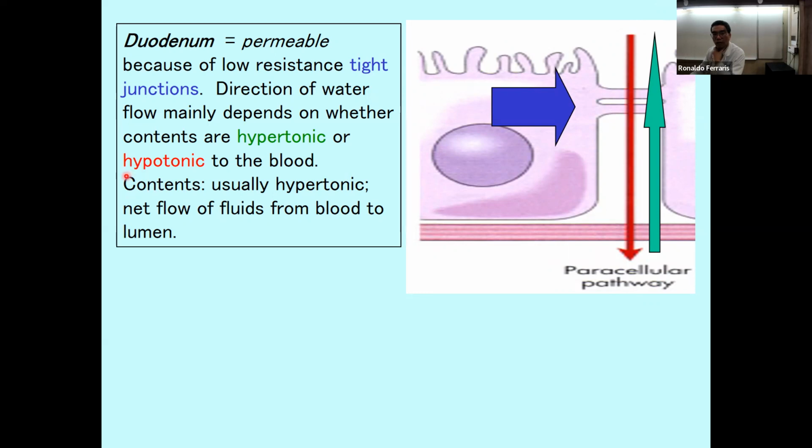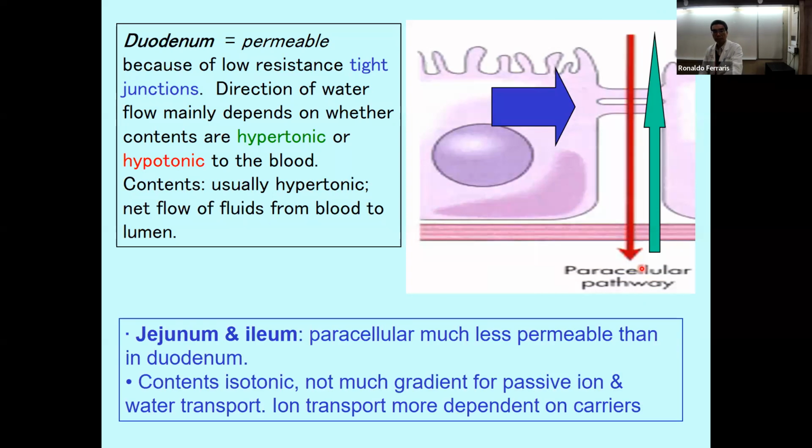Now, if you drank a lot of water, then this becomes hypotonic, and then fluids would go from the food side or luminal side to the blood side. And I will show you what happens there as well. This is occurring again in the duodenum.